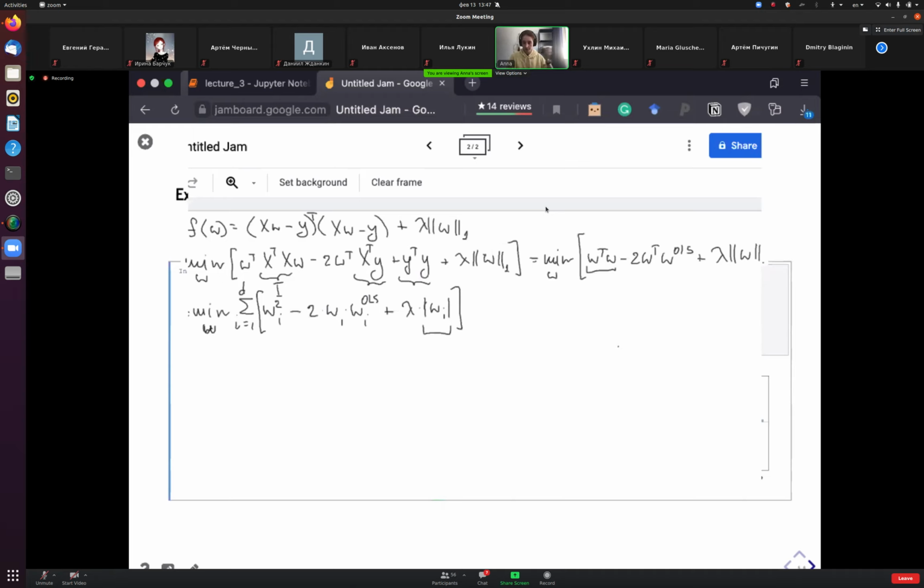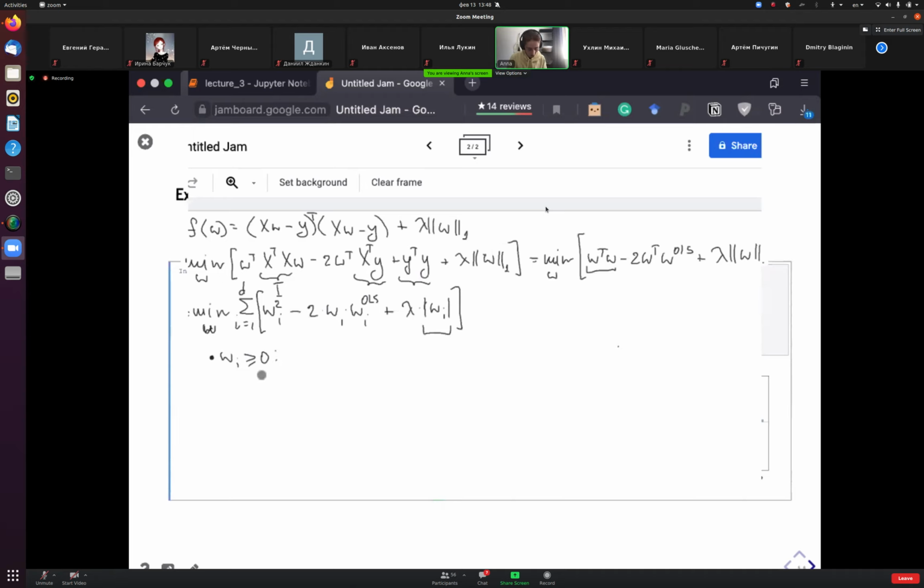But when we have a separate equation for each coordinate, we can just manually consider two cases: w_i is larger than 0 and w_i is smaller than 0, and see what will be the optimal in both cases. So let me consider one as an example, and for the second one, I will just write the answer. So we consider only one component of the vector, and the first case will be when w_i is larger than 0.